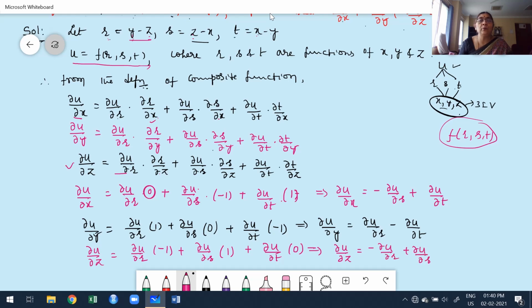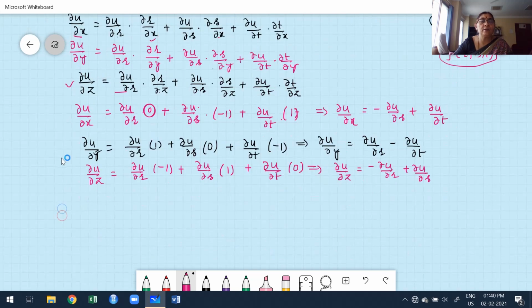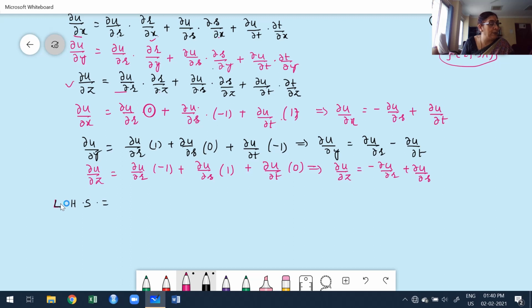Now I have to prove that, so I have to take LHS and then I have to show that it equals RHS. What is RHS? RHS is 0. Okay, fine. Now I have to take LHS. What is my LHS? Dou u by dou x plus dou u by dou y plus dou u by dou z. Substitute dou u by dou x value, minus dou u by dou s plus dou u by dou t.